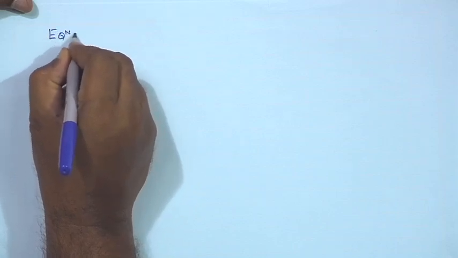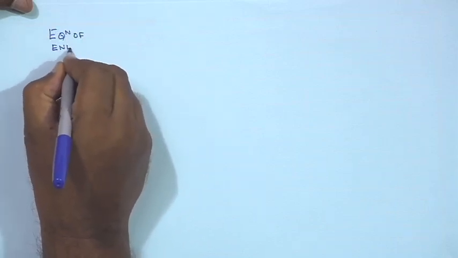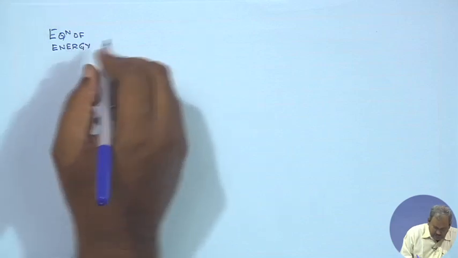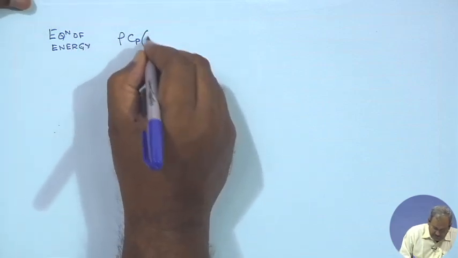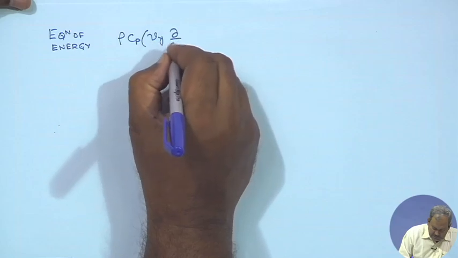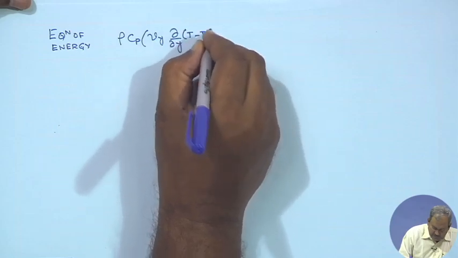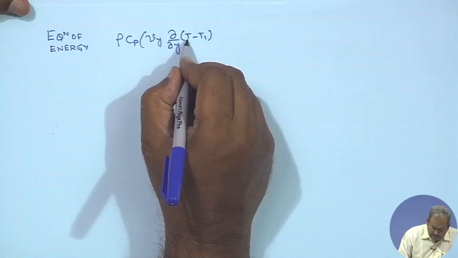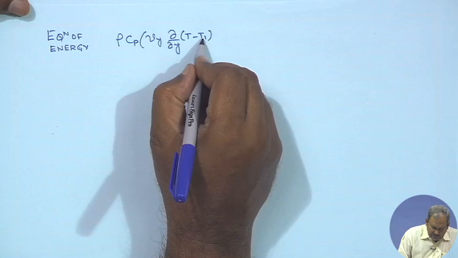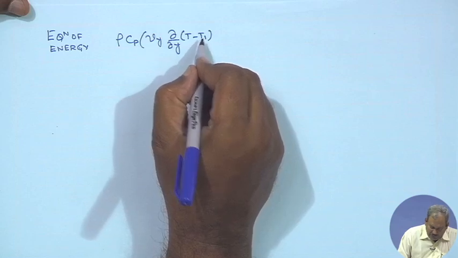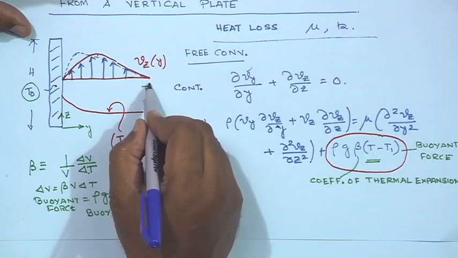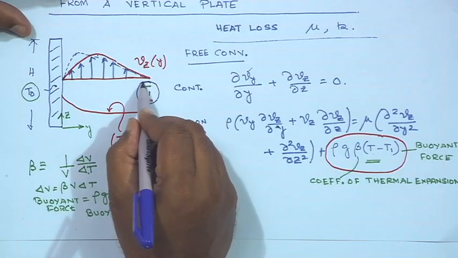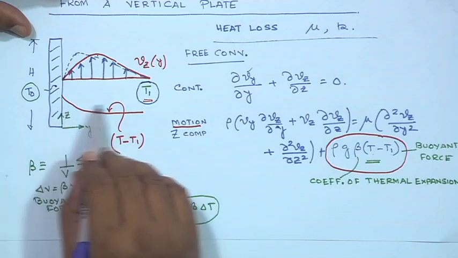So, the equation of energy in this case would simply be rho Cp Vy del/del y of (T minus T1), where T is the temperature at any point in the rising film of the fluid, and T1 is a constant reference temperature. We take this reference temperature to be the temperature far from the wall. So, this is the constant fluid temperature that you would get when you move away from the plate.